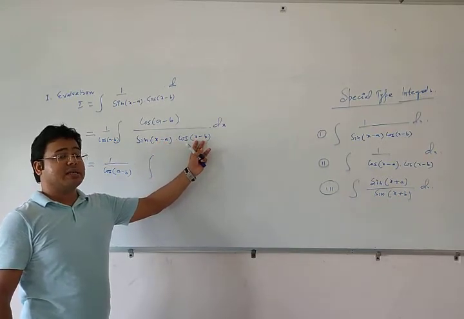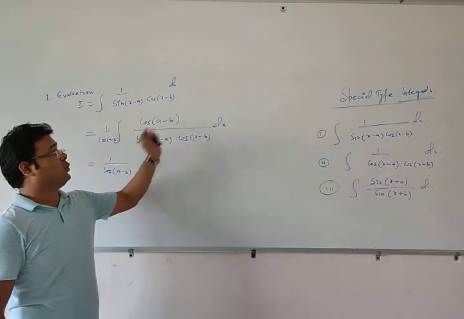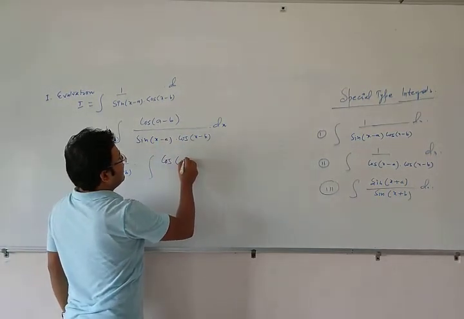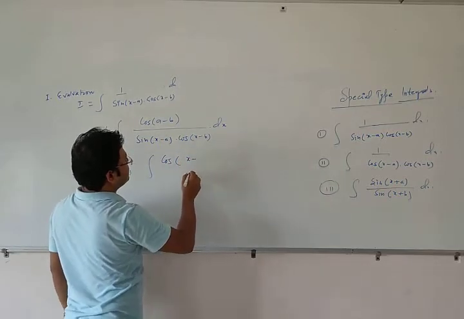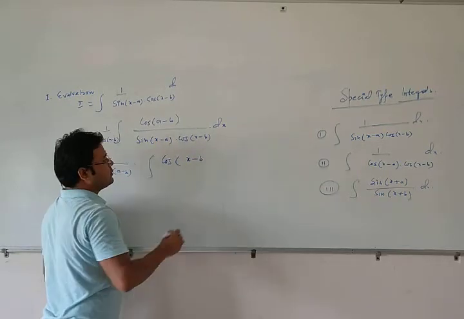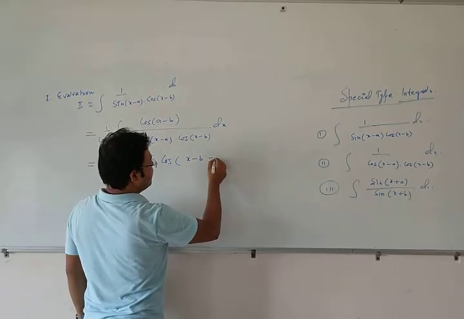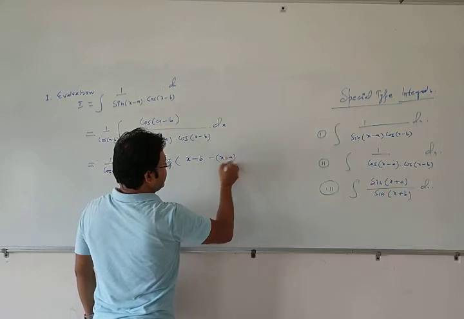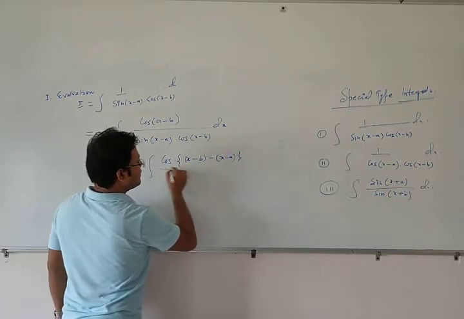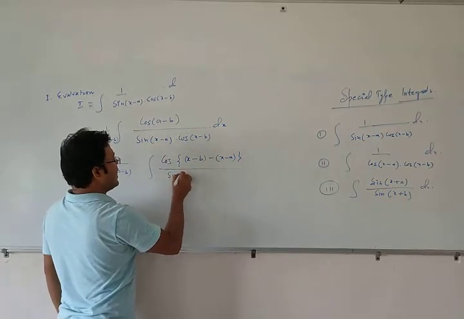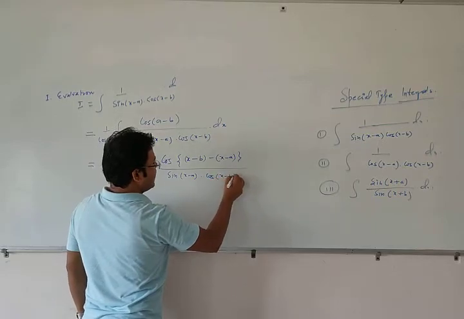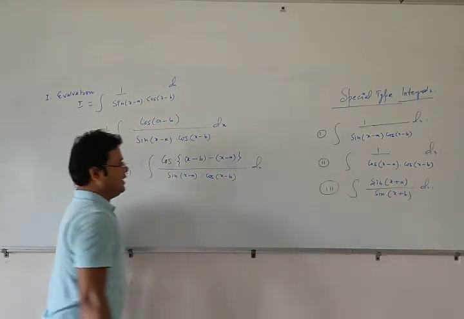So how can I do this? You can see cos((x minus b) minus (x minus a)), divided by sin(x minus a) into cos(x minus b).